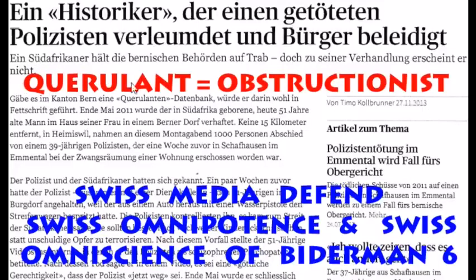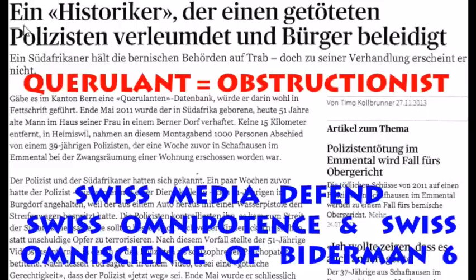Here it says querulant, it means an obstructionist. And the English word also, a queer, pinkless killer, it comes from here, it's somebody who's obstructing the normal way, like it's the etymology of the word, well, I don't want to repeat it. It comes out of the Germanic, like this one here.